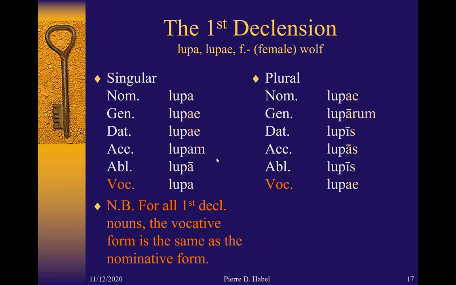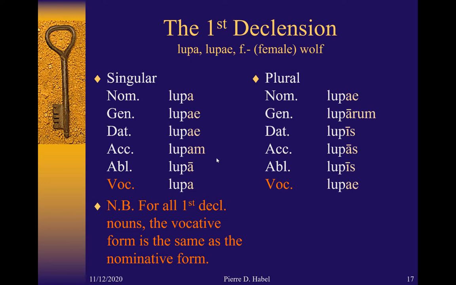Lupa, lupae, lupae, lupam, lupa, and I'm skipping the vocative for now. In the plural, feel free to say these with me to get the practice. Lupae, luparum, lupis, lupas, lupis.